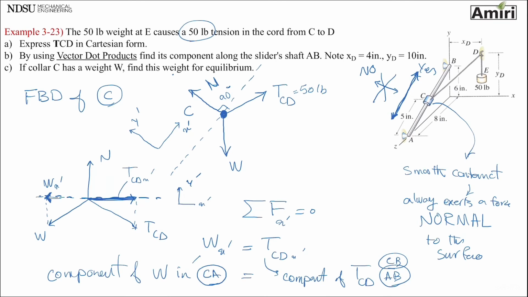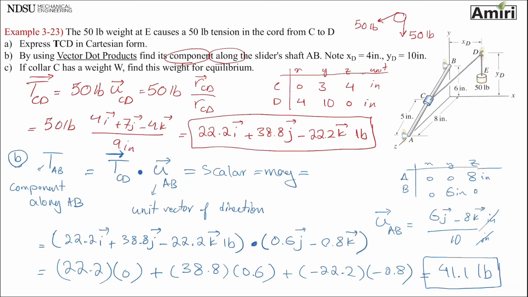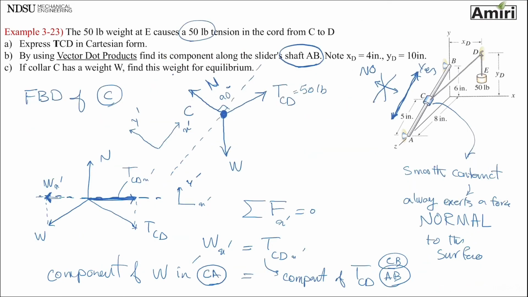Okay, I have one of those already. Look at part B. Part B asks us to find a component of this CD along AB. We already did right here. This is the component, 41.1. So I already have it. So let me write this again.